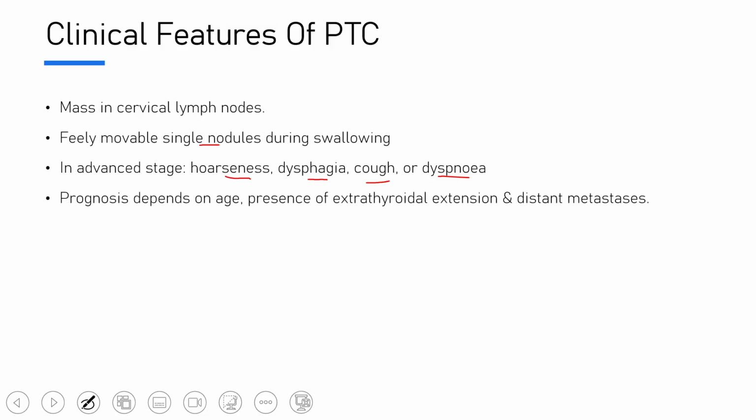Prognosis depends on age, presence of extrathyroidal extension, and metastasis to distant sites. An excellent prognosis, with a 10-year survival rate of more than 95% of cases, can be seen.